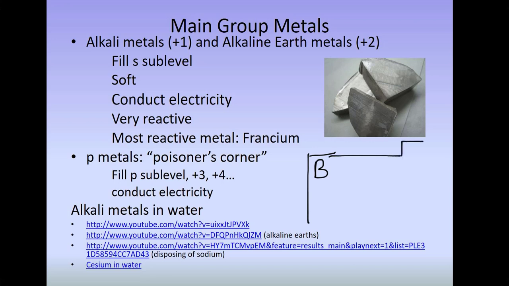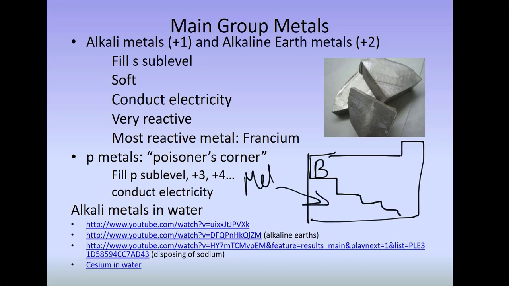It looks something like this, but you have that little stair step that goes across. These guys right here, these are metals. All right, let's just keep that on hold and we'll start with the alkali metals. Alkali metals have an oxidation number of +1.